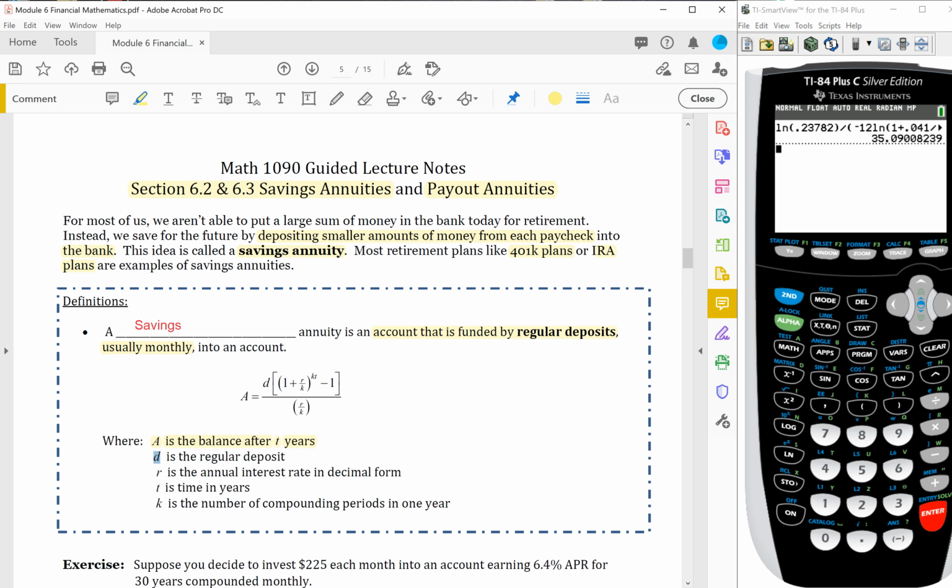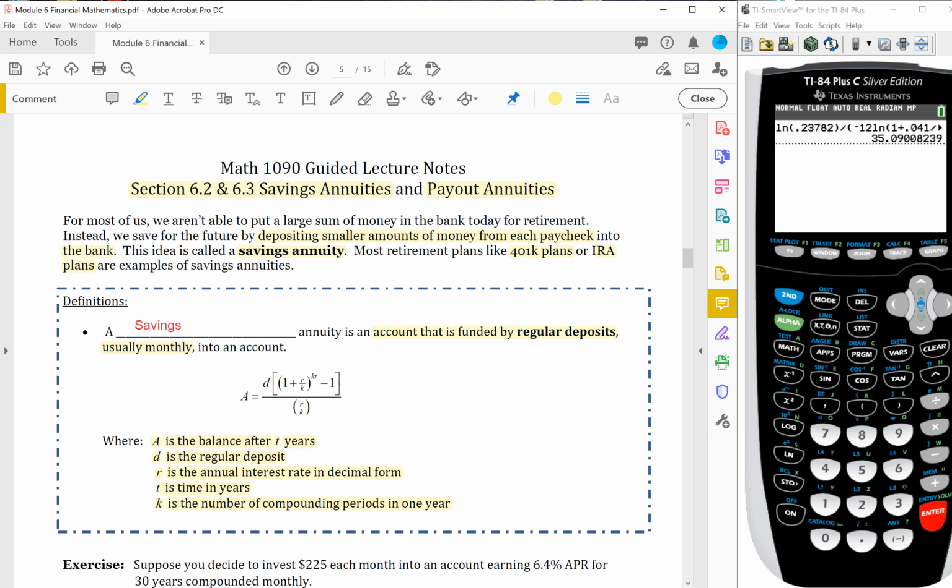D is your regular deposit amount, times 1 plus R over K, where again, R is your annual interest rate written as a decimal, and K is the number of compounding periods per year, raised to the KT, where T is time in years, minus 1 divided by R over K.